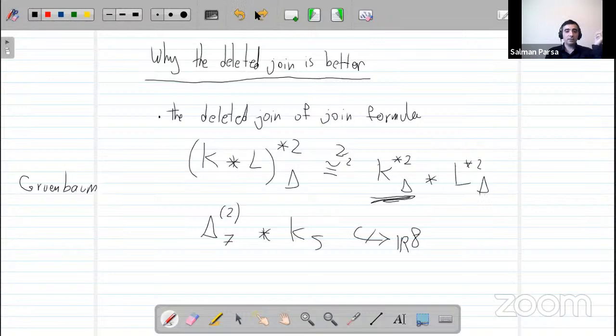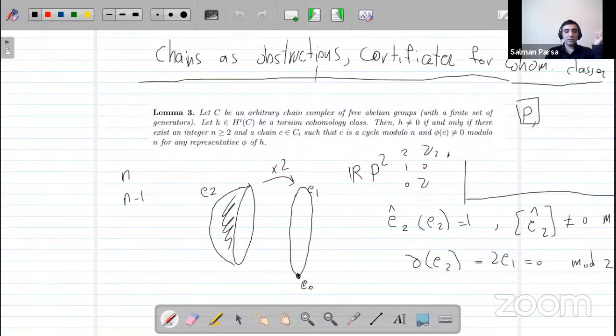So the first thing we do is to use a cohomological obstruction in the deleted join instead of the deleted product.